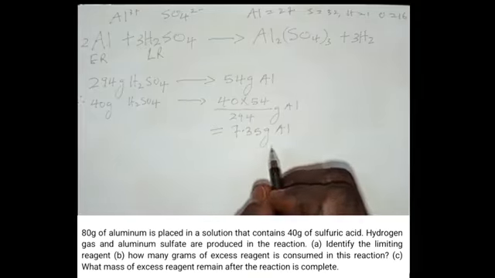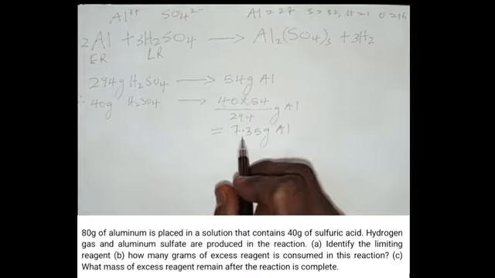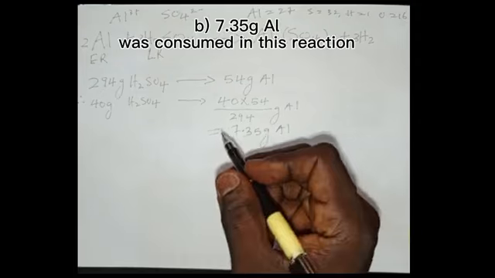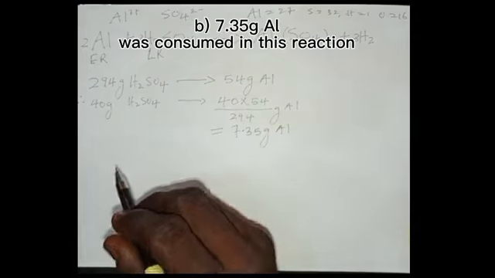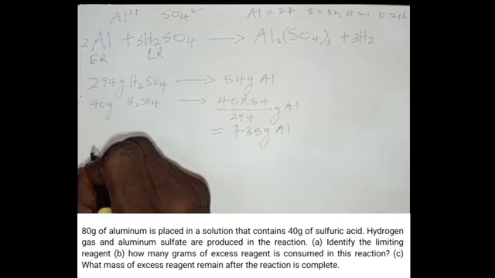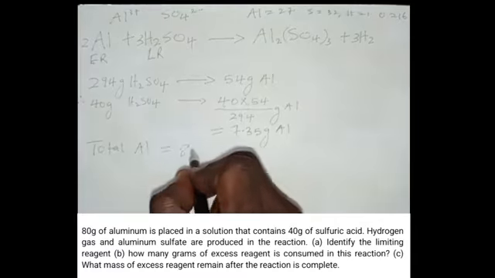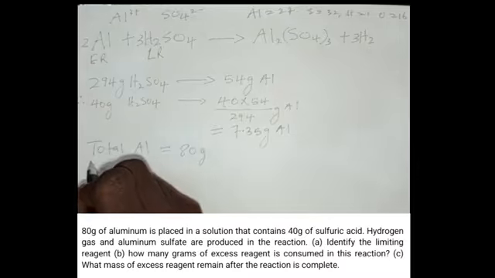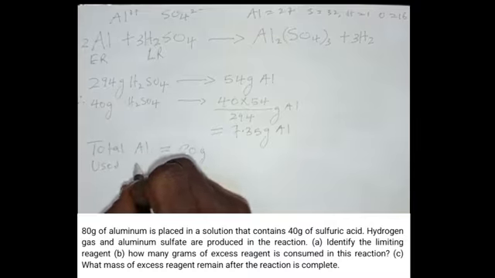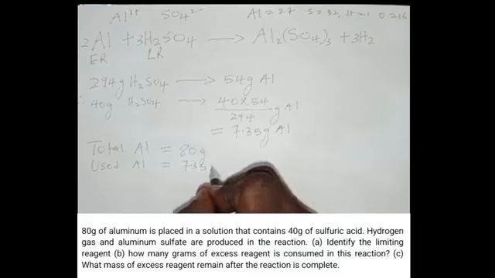What does this mean? This simply means that out of the 80 grams of aluminum that was provided, only 7.35 grams of aluminum took part in the reaction. So we are trying to figure out the amount of aluminum which did not react. So we're going to have that total aluminum, which is the excess, is equal to 80 grams as given to us. Now, this is the amount of aluminum that was used. Used Al is equal to 7.35 grams.